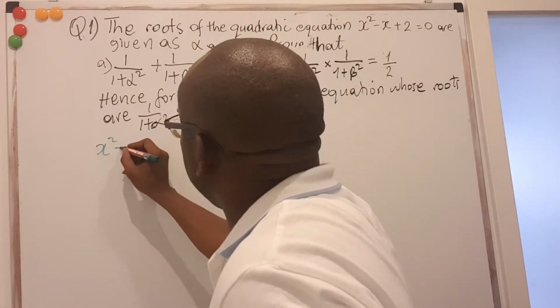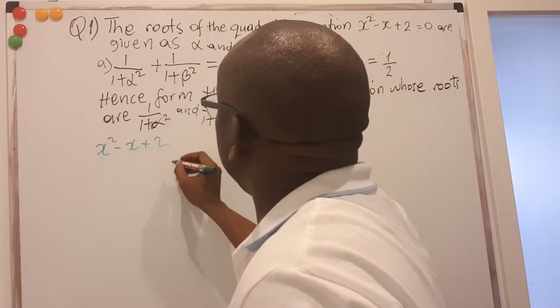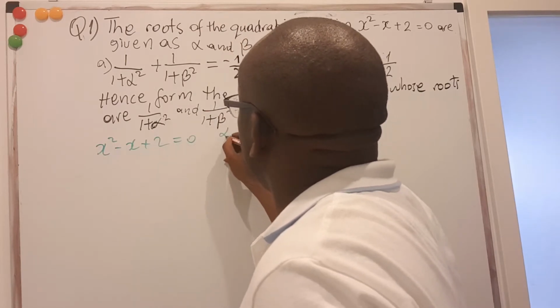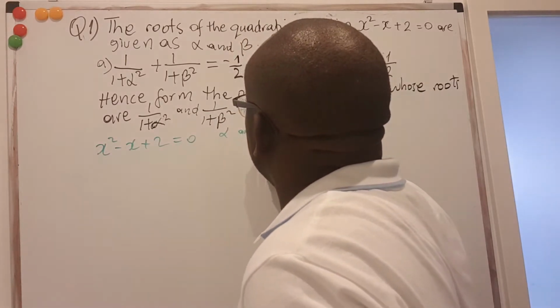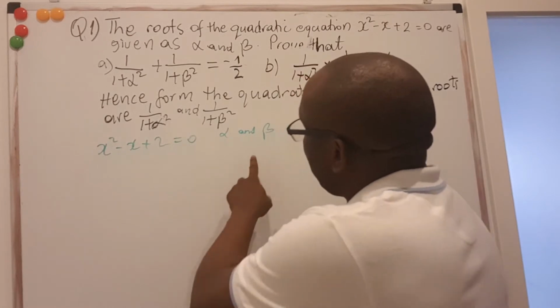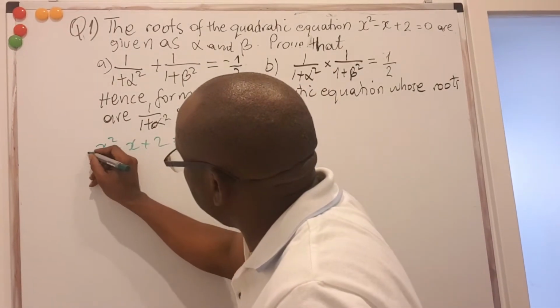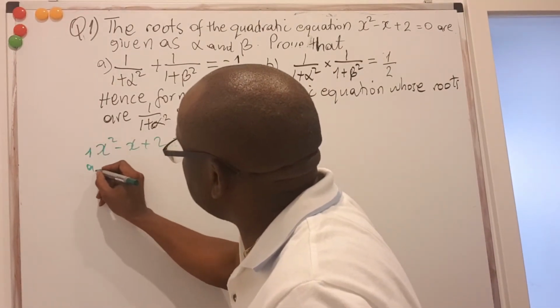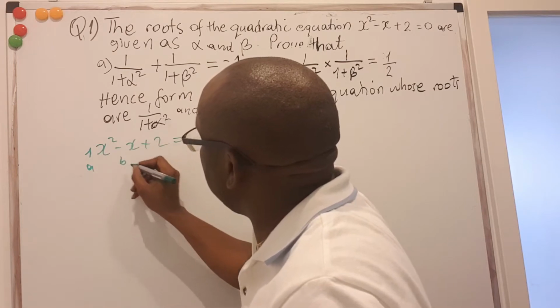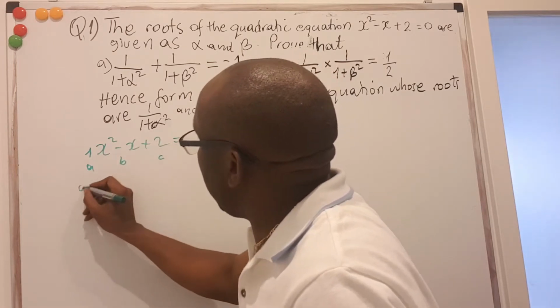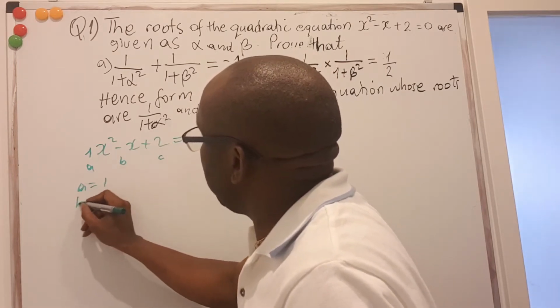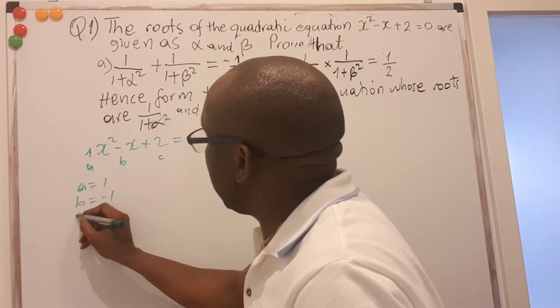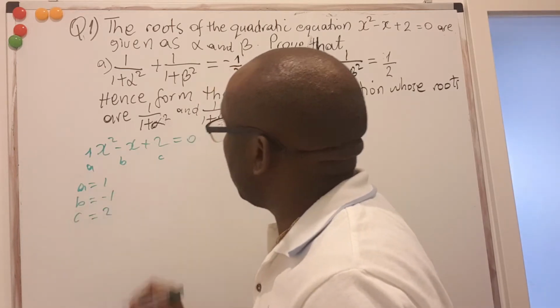This is x squared minus x plus 2 equal to 0. We are told the roots are alpha and beta. In order to do that, we have to identify A, B and C. Here we have a 1, and that is A. Here there's a minus 1, that is B. And this is C. So A is equal to 1, B is equal to minus 1, and C is equal to 2.